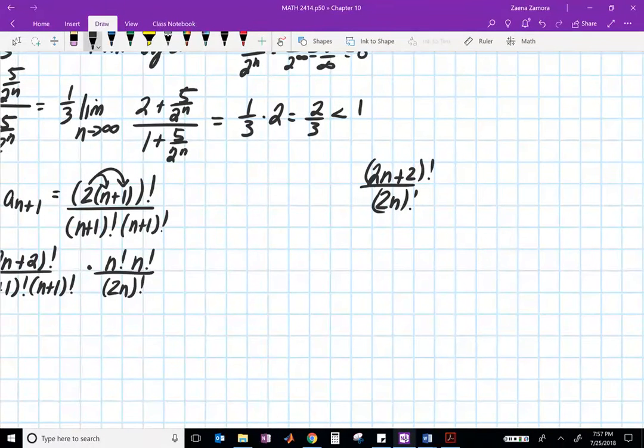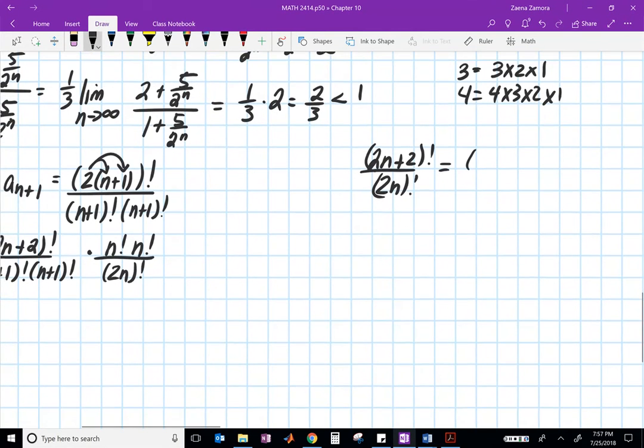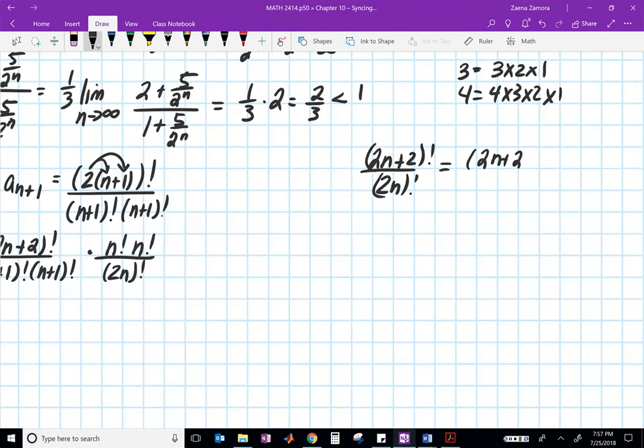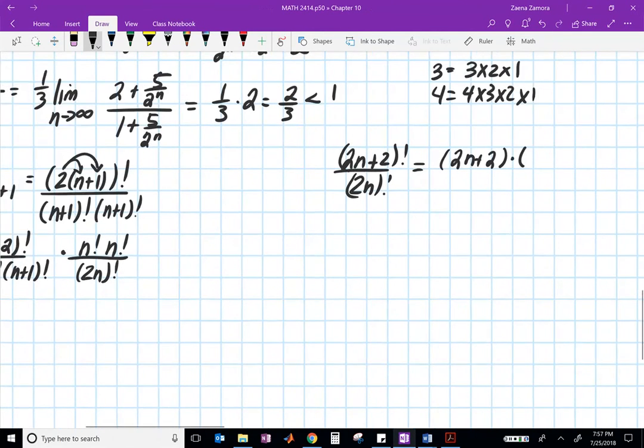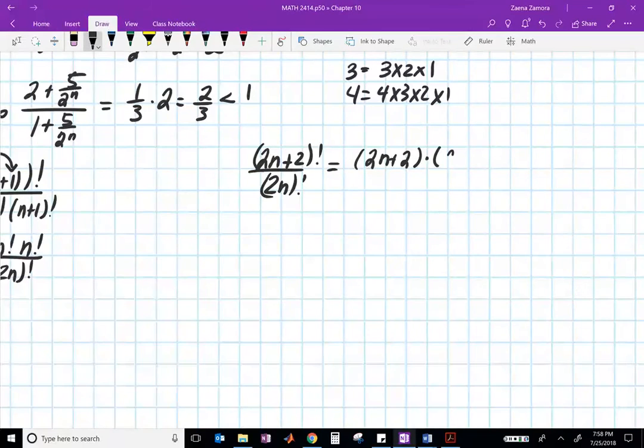All right, so this is kind of like a side thing here. Okay, 2n plus 2 factorial can be rewritten like this. Remember, factorial is all the numbers, so like 3 factorial is equal to 3 times 2 times 1. 4 factorial is 4 times 3 times 2 times 1, right? You always go one less or one more, depending on how you start it. I'm going to go with the one less. So it's going to be 2n plus 2, right? And then times, what's one less than that? 2n plus 1.